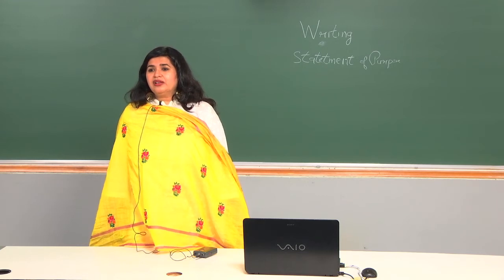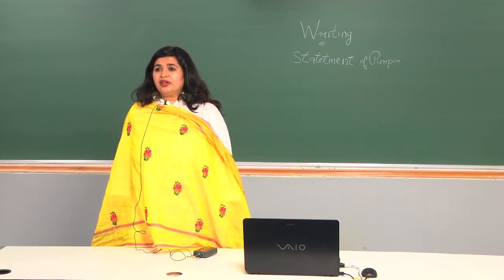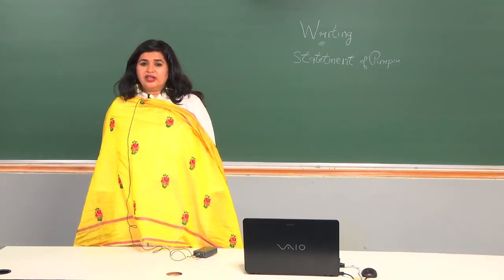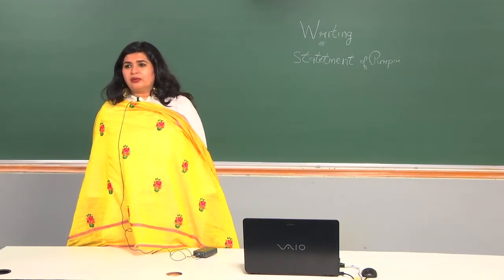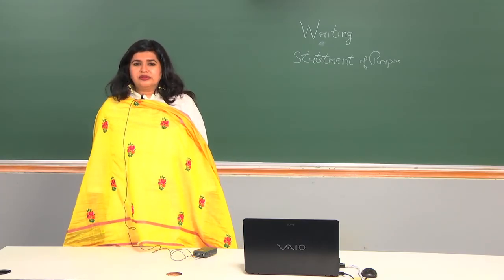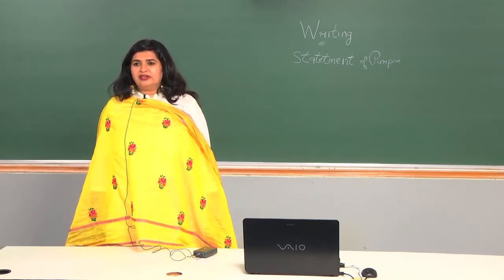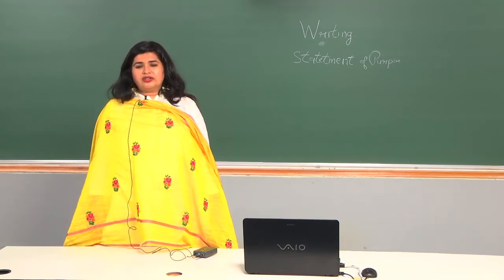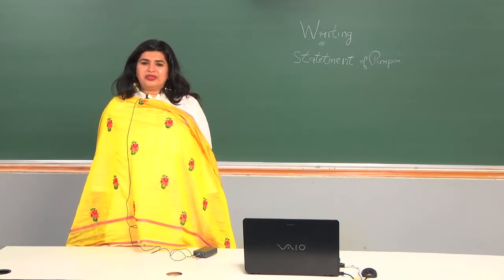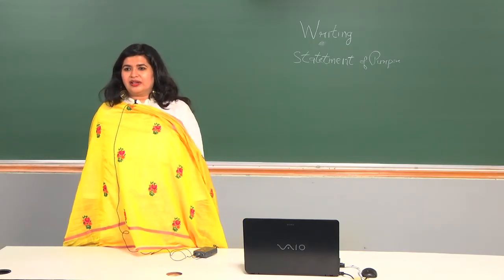This would make your SOP one of its kind without losing focus, if you are able to talk about how you zeroed in on this particular area. The admission committee will be convinced of your interest in the field if you tell them something more about what makes you so interested in this field.